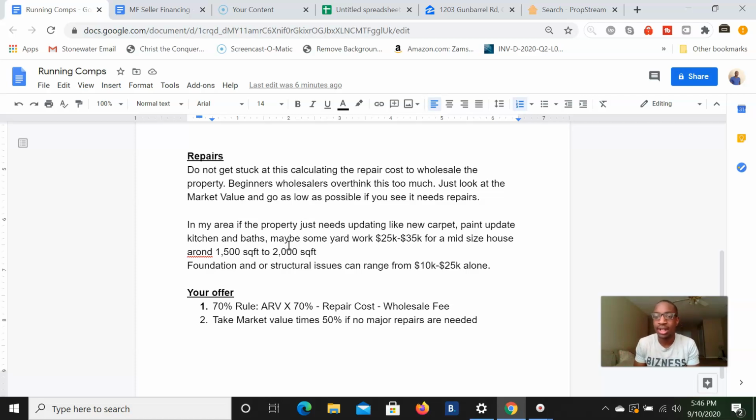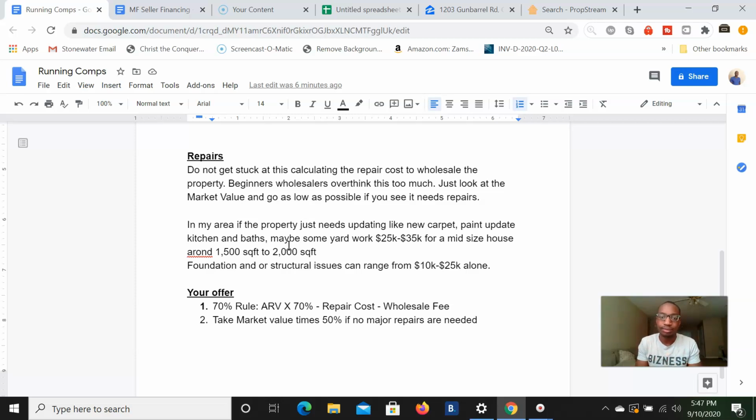There's 2 bathrooms. Maybe there's a leak in the roof or something like that. Or the roof that probably doesn't have to get totally replaced. It can be, or in yard work. Usually, if it just updates like that, rehabs like that, yeah, you can budget for around 25 to 35K, but that's like a mid-sized house around this area.